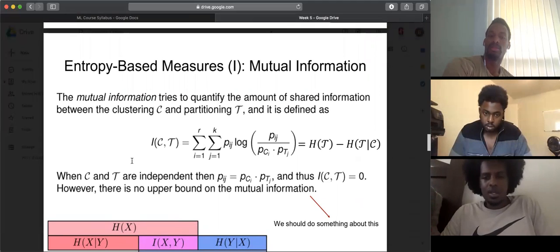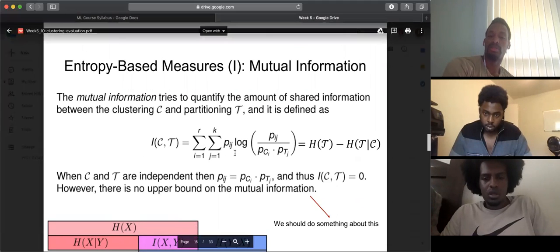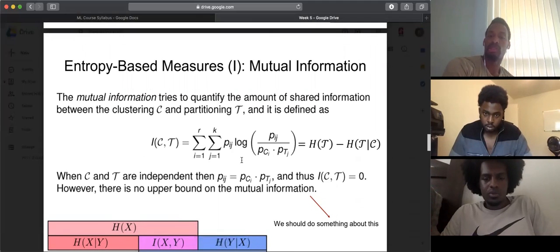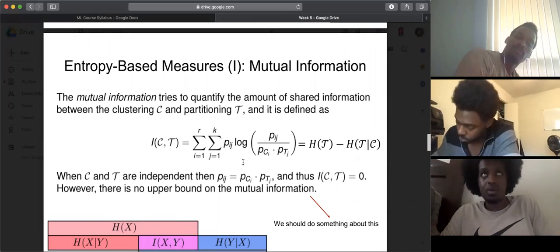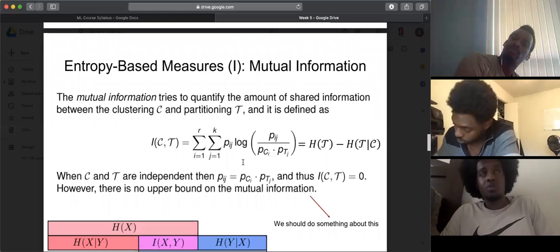So that is, again, P of i j, which is the probability of cluster i being in ground partition j. We defined what that is above, so you can go back up and see that it's n of i j over n.